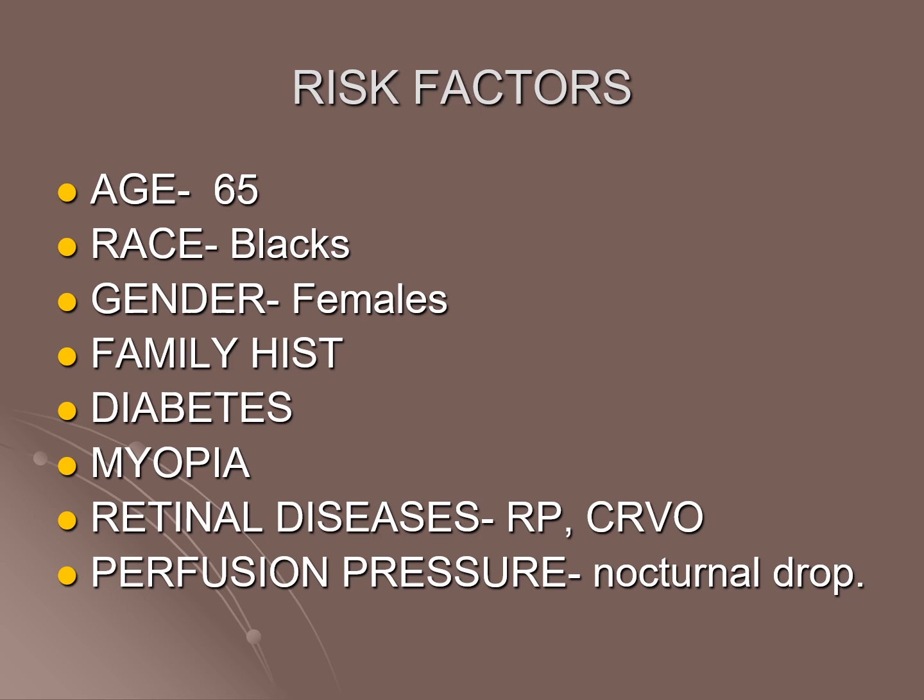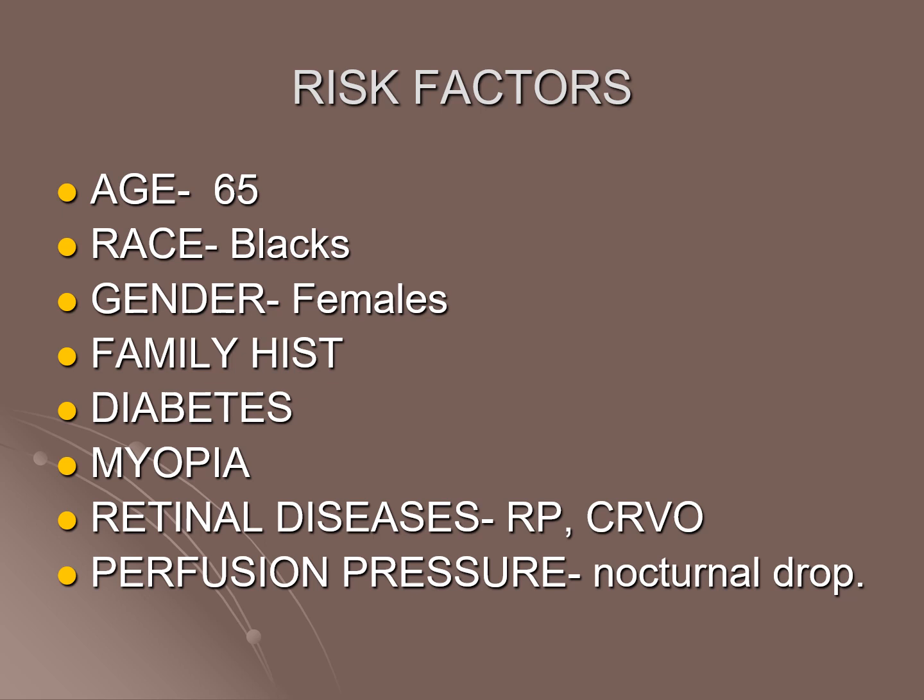So the risk factors for primary open-angle glaucoma: the older the age, the greater the chances of having glaucoma. It is more common in blacks and more common in females, and it runs in families.